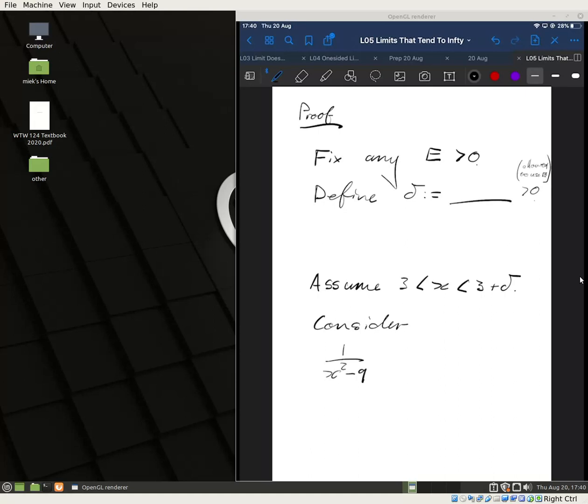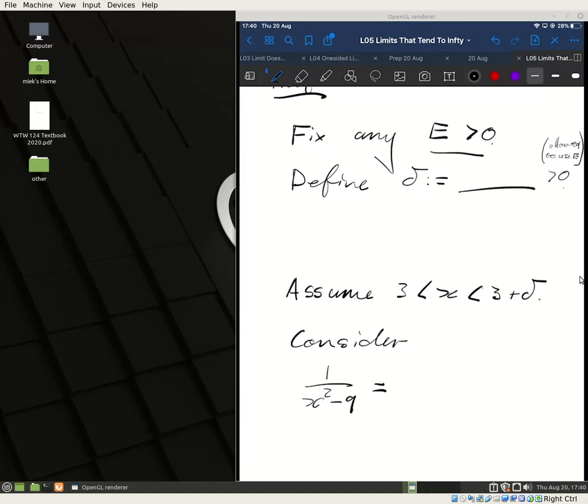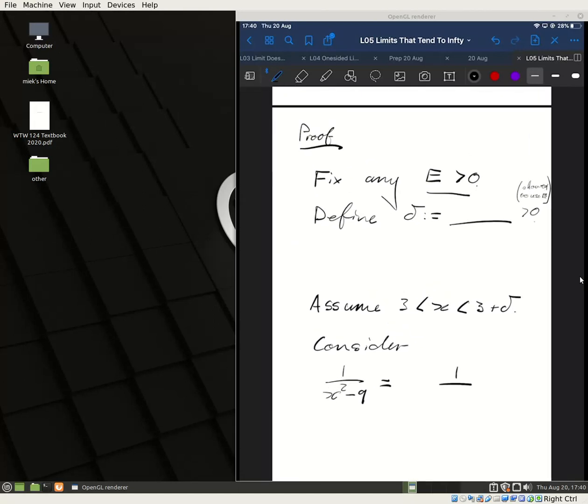And this we want to get bigger than this E. So difference of squares, let's factorize. This is equal to 1 over x minus 3 times x plus 3. So if we factorize it this way, that is what we get.